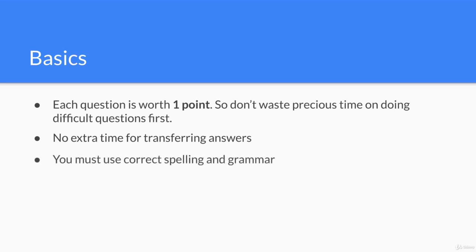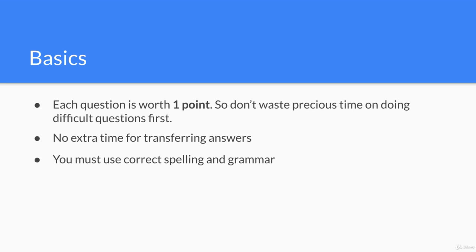Next, make sure that you use correct spelling and grammar. In the reading test, there are going to be certain questions, for example, the fill in the blank questions, where you will have to write out either the word or perhaps certain phrases. So when you write out the words and the phrases, you have to make sure that your spelling is correct. And your grammar also has to be correct.